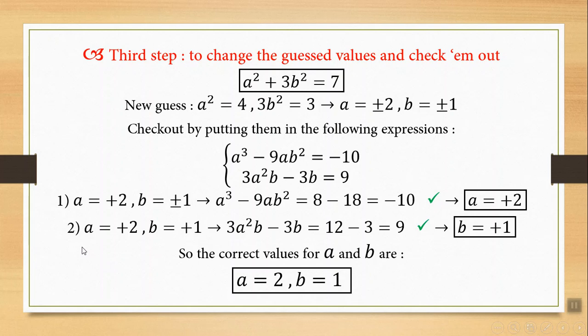Now we should examine the value of b to understand b is equal positive 1 or negative 1. First we try the positive value. We should put the value of b in the second expression. 3a squared b minus 3b equals 9, and here this equals 9. So the value of b is positive 1. And we found that the correct values for a and b are 2 and 1.